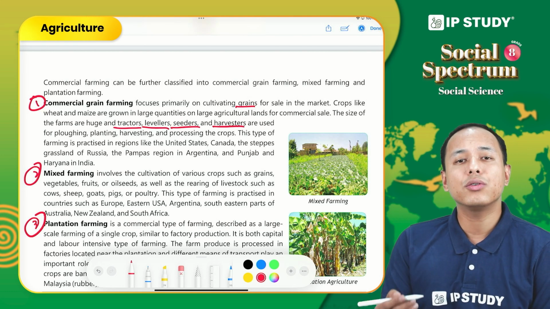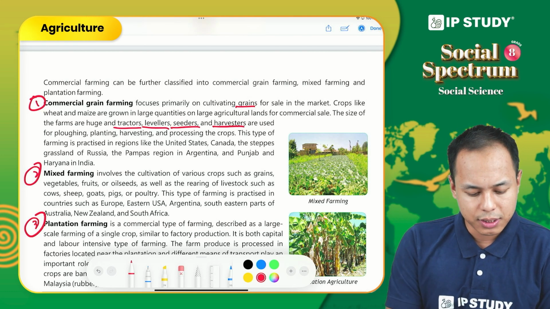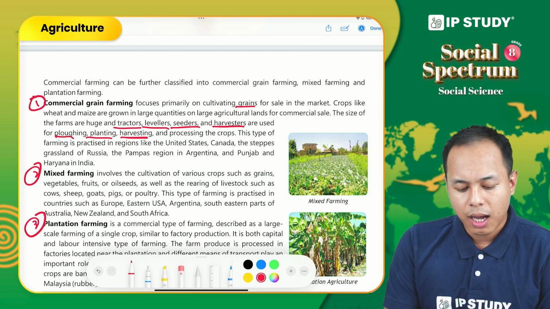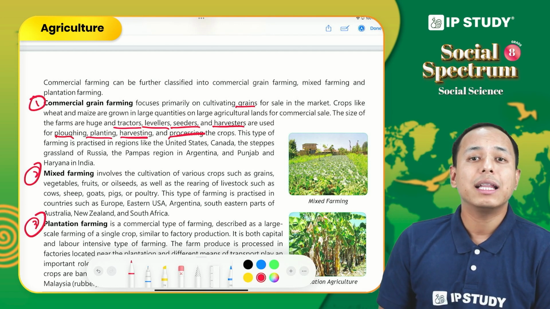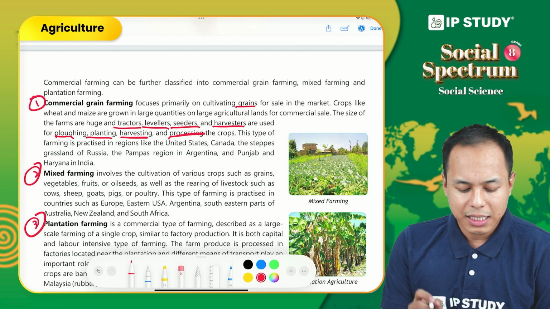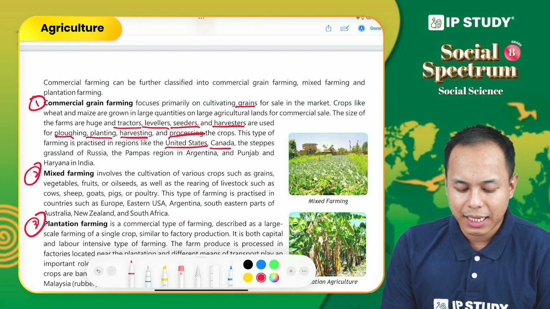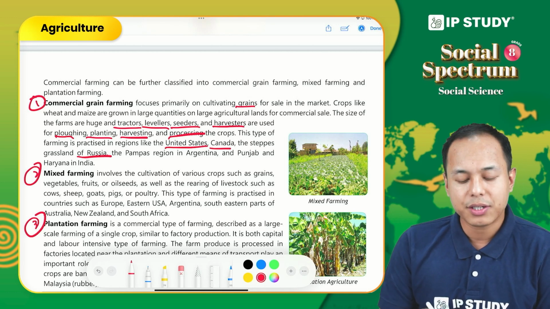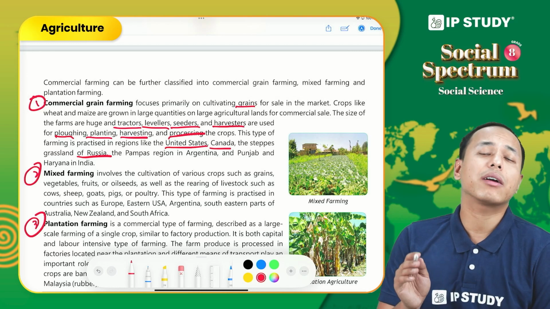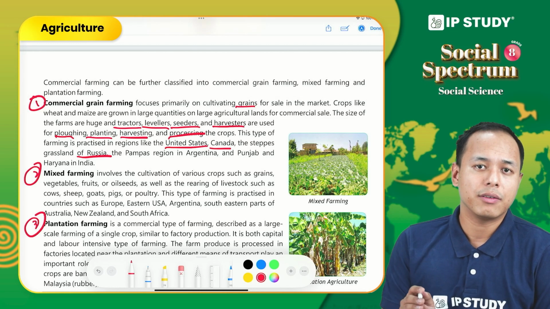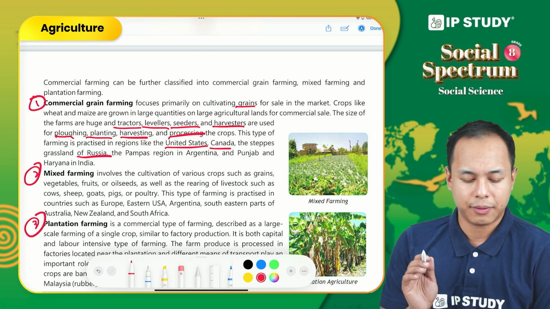All these are used to do agricultural processes like plowing, planting, harvesting, processing the crop. And this type of farming is mostly found in the United States, Canada, steppes of Russia, pampas, where a huge tract of land is available for cultivation of a particular grain.